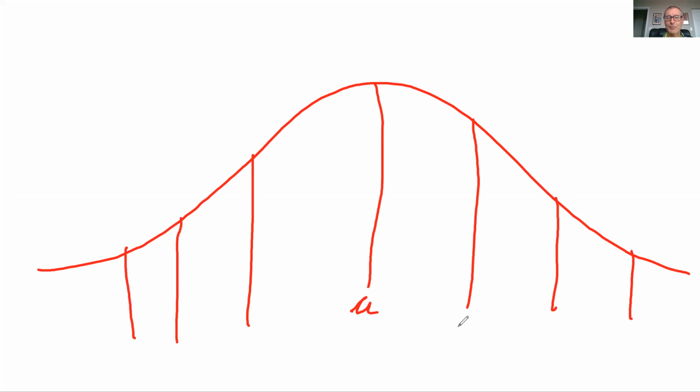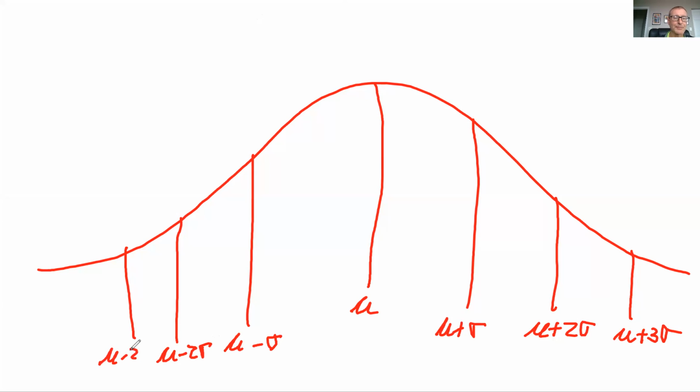This was mu plus 1, mean plus 2 standard deviations, mu plus 3, and on the other end we subtract, mu minus 3 standard deviations.